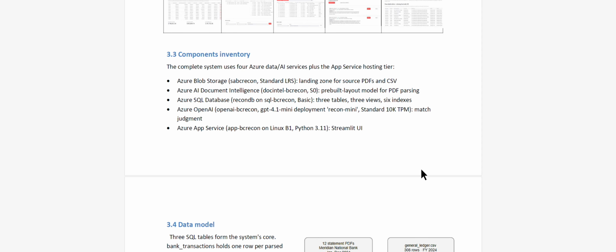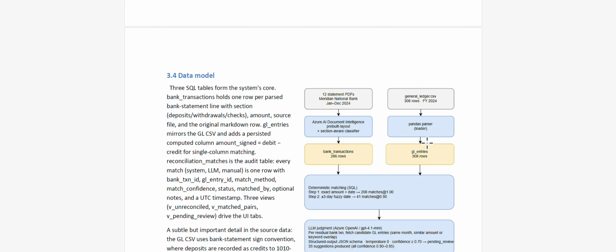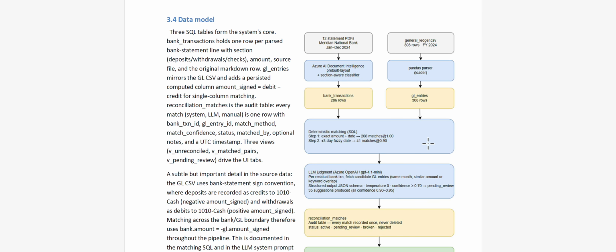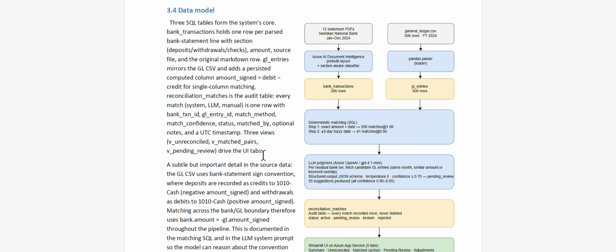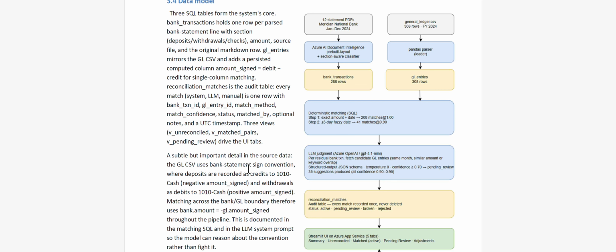Components inventory, we've talked through that a little bit. The data model, the run through, the big insight here was I was able to knock out 87% of the transactions with SQL as opposed to needing to pass them over to the LLM. And I suspect that if I added a couple more pretty basic rules to SQL, I could probably get that percentage up even higher. Like the 3-day plus or minus fuzzy date.